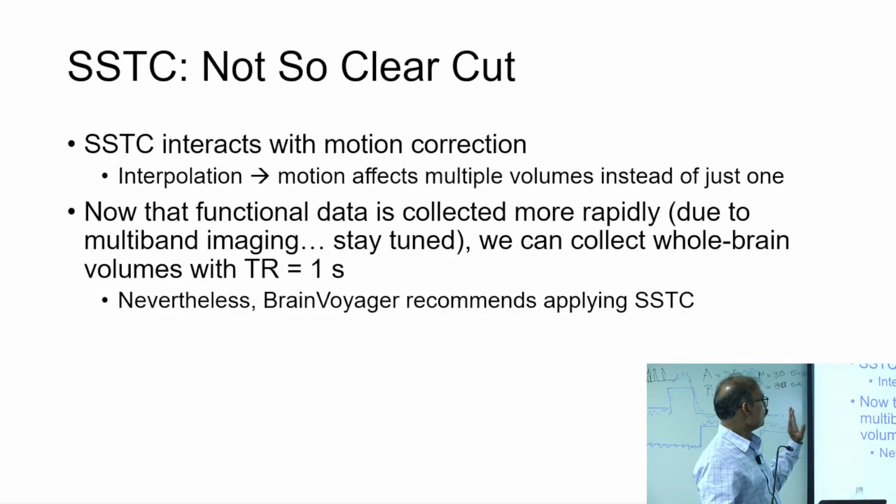Again, sometimes slice timing correction is not very easy to do because it may interact with the motion correction. Because if you do interpolation, the motion affects multiple volumes instead of just one. So just doing a time shift may not work properly.